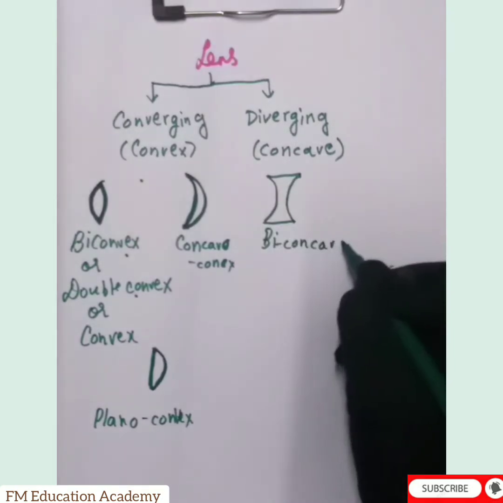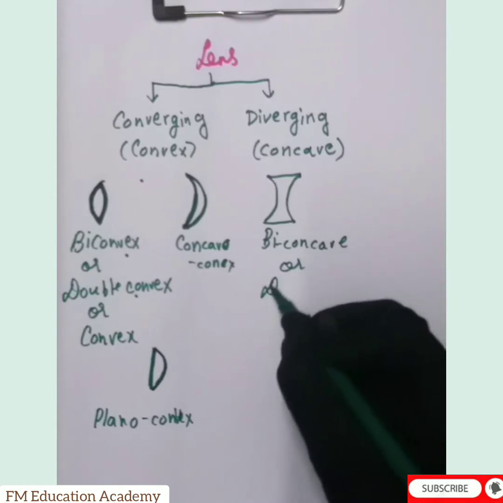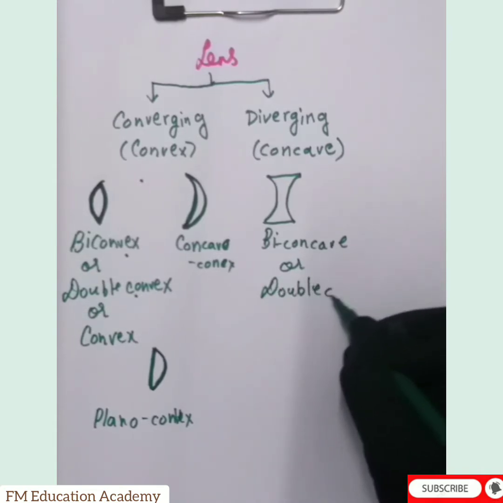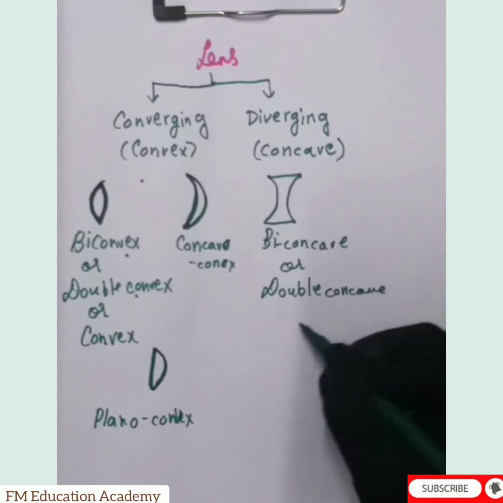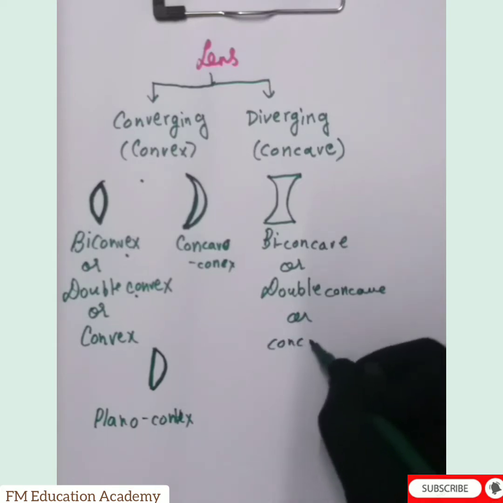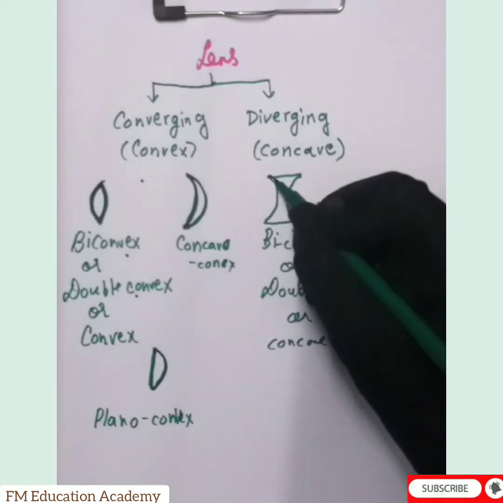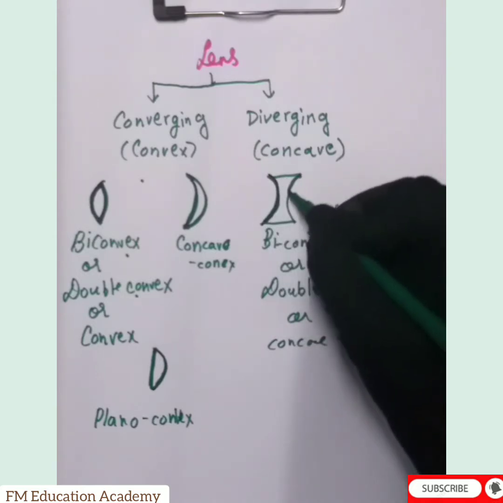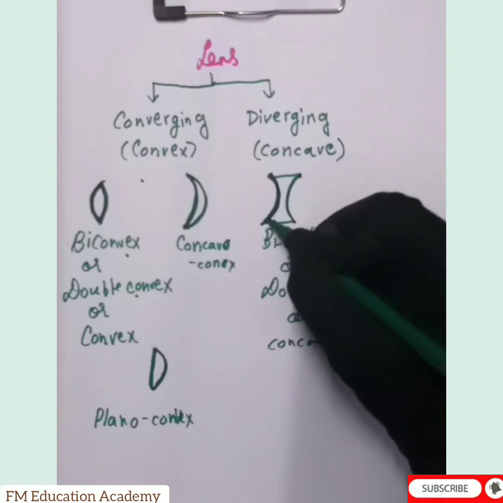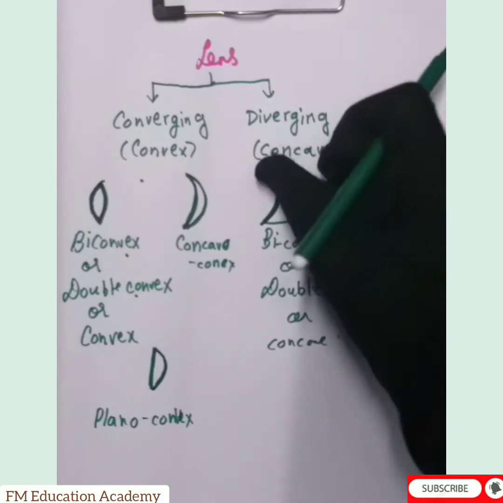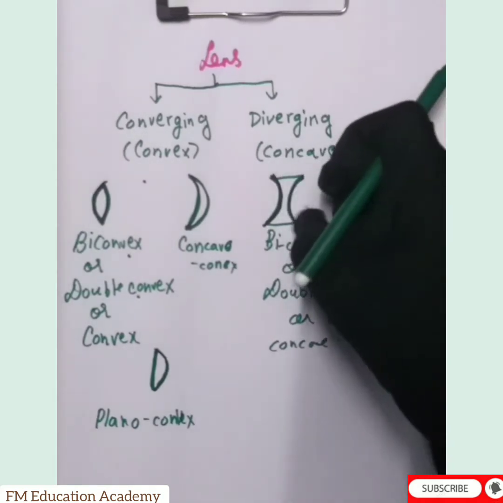We have biconcave or double concave, or simply concave, is this lens. Observe, in this the surface of the lens is bulging inwards. See, when this surface and this surface bulge inwards, then this lens is formed.